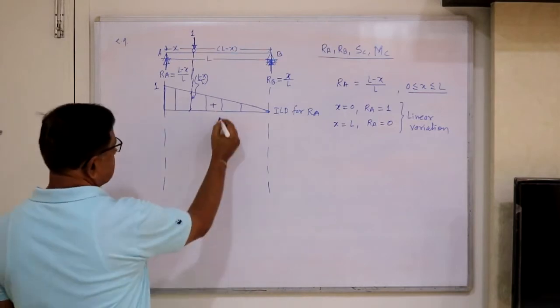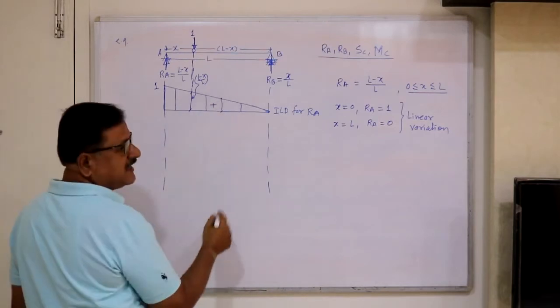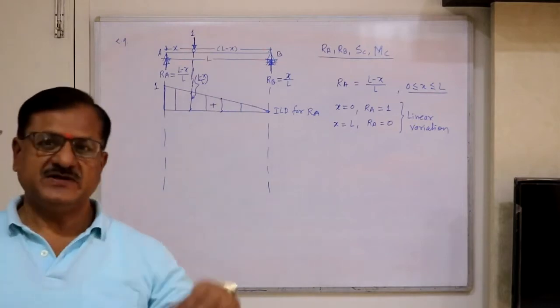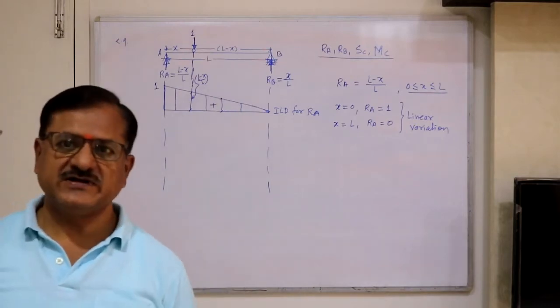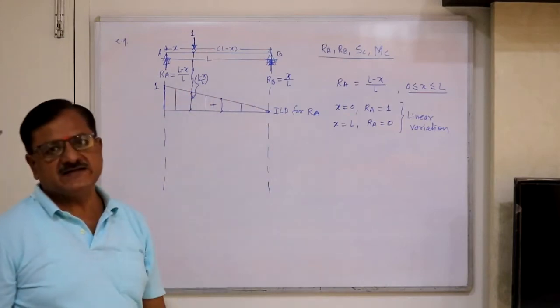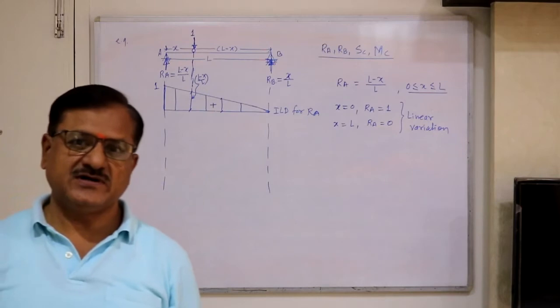That means this ordinate represents reaction RA when the unit load is here, at the corresponding point on the beam.